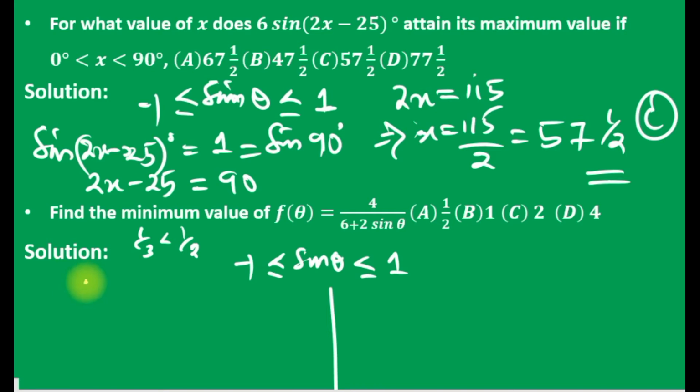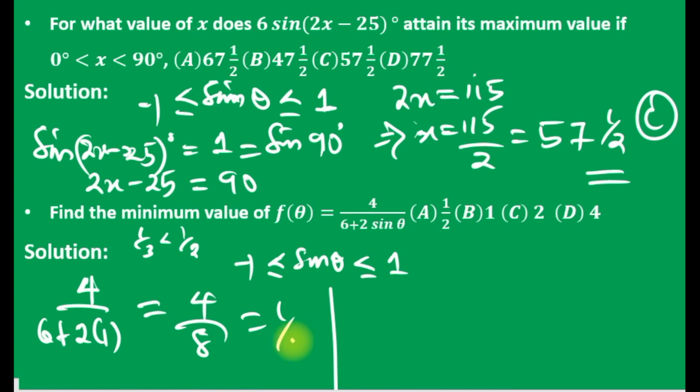So we say that this is now 4 over 6 plus 2 times 1. Because if I take the minimum value -1, we now have 6 minus 2, which is a small number compared to 6 plus 2. So that's just a logical equation. We have 4 over 8. So the answer is half. Our answer is A.